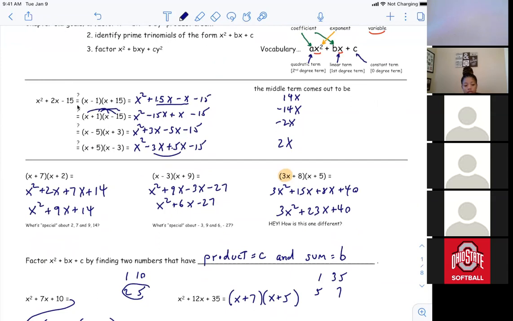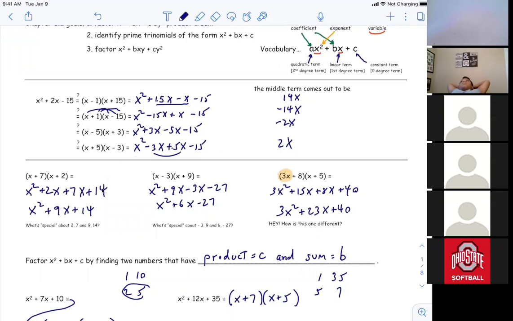These last two terms have to multiply out and make negative 15, so there's no choice except to put these different combinations, because those are the only ways you can multiply and get negative 15 with these numbers that you see here. We tried them out, and finally the last one worked, giving us the 2x in the middle. The difficult part is getting that middle term to come out correct. It wasn't until the fourth try that we got it to come out correct.